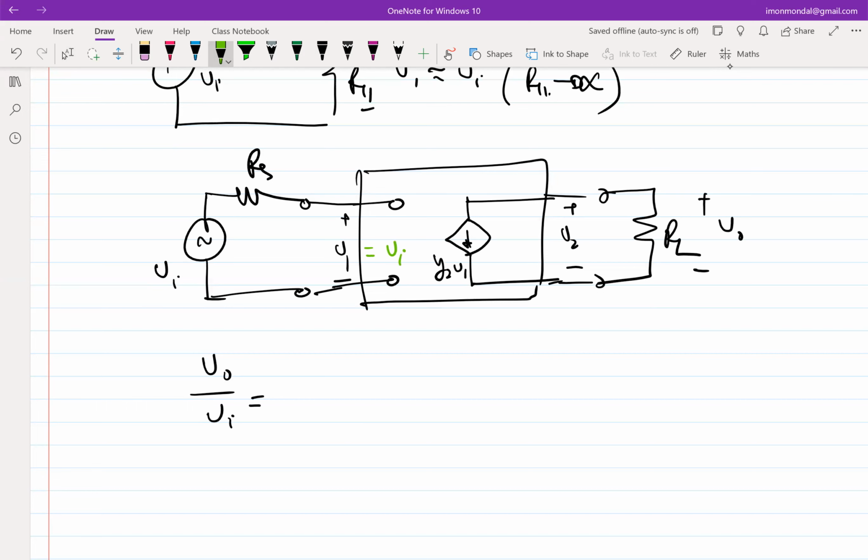This current then becomes Y21 Vi. This entire Y21 Vi flows out of RL. So the voltage that accrues across RL is minus Y21 times RL times Vi. So the voltage gain is minus Y21 RL.